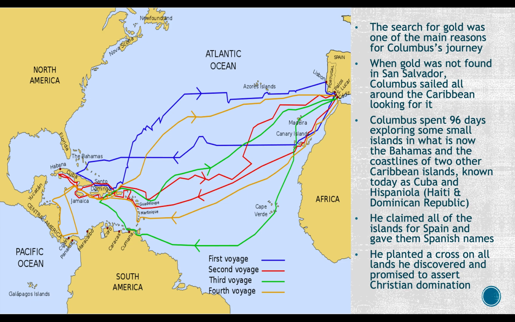He claimed all of the islands for Spain and gave them Spanish names. So this is why all these islands down here have Spanish names. He planted a cross on all the lands he discovered and promised to assert Christian dominance. So he was going to spread Christianity.